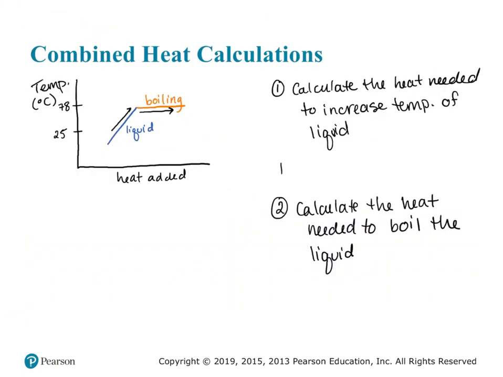All right, so step 1, we're going to use this equation where heat is equal to mass times the change in temperature times the specific heat of the liquid. And then 2, heat is equal to mass times the heat of vaporization.